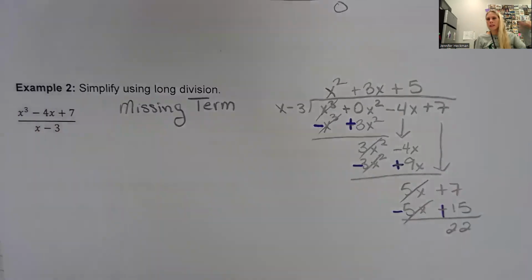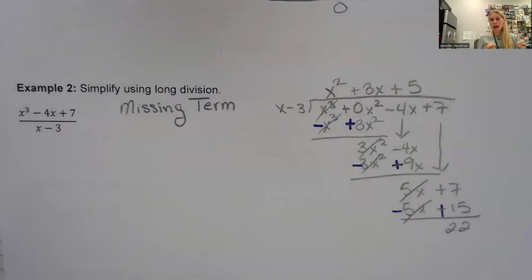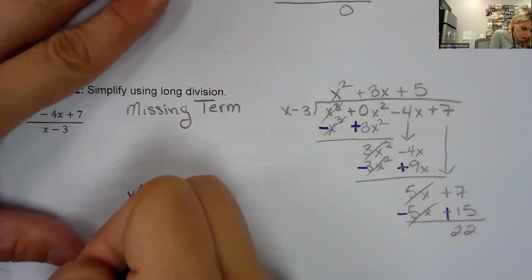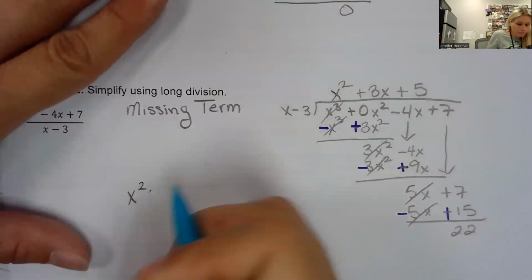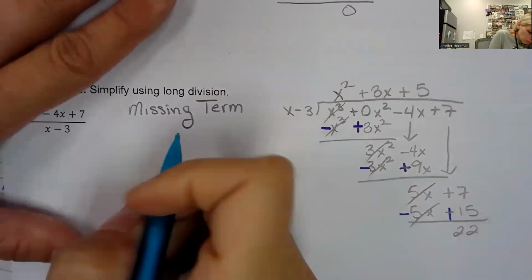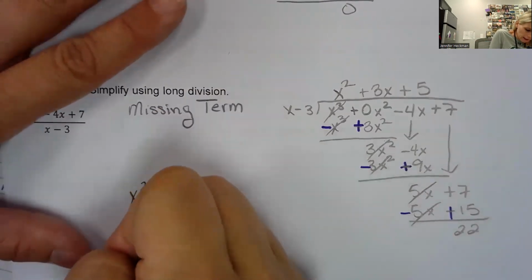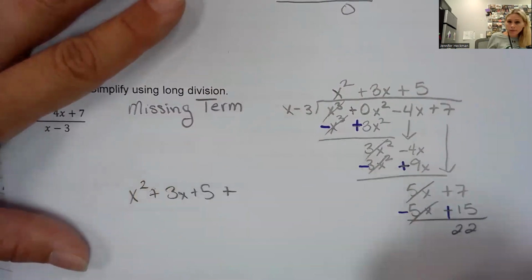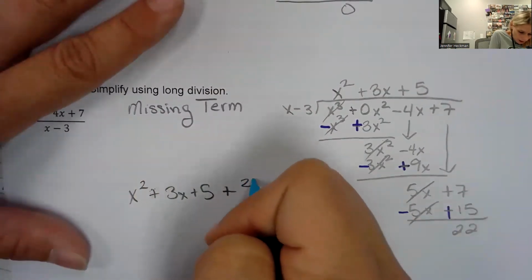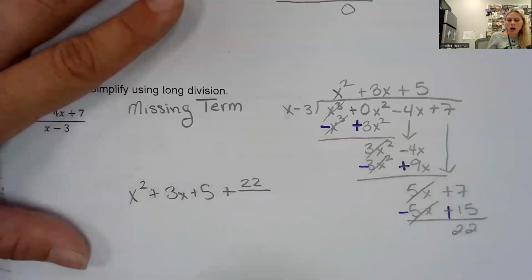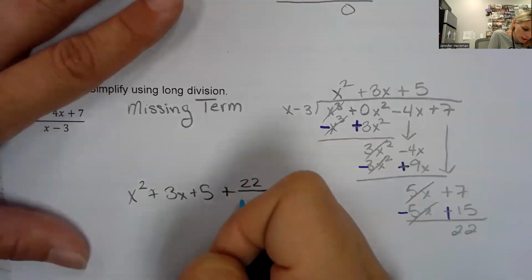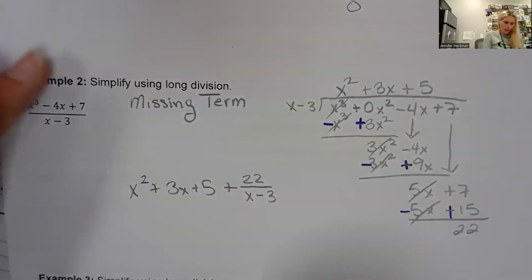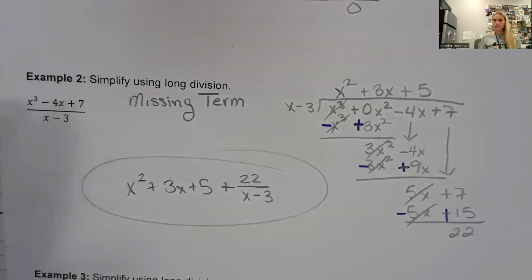Now remember what we did with the example on the other page and how we write our answer. So the first thing we're going to do is write down that division on top. So x squared plus 3x plus 5. Now it's a positive 22 for the remainder, and the remainder always goes over the divisor or the denominator. Okay, and this will be our answer.